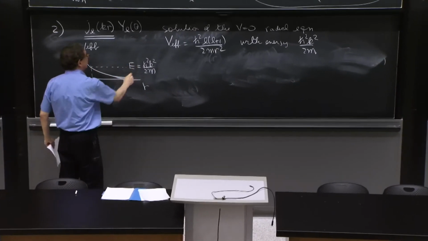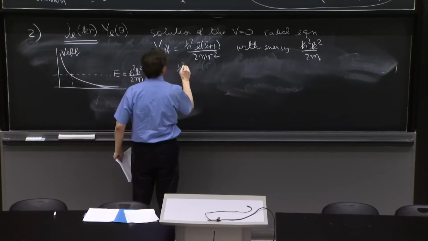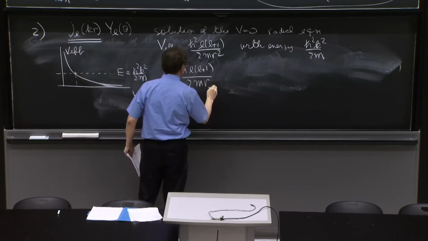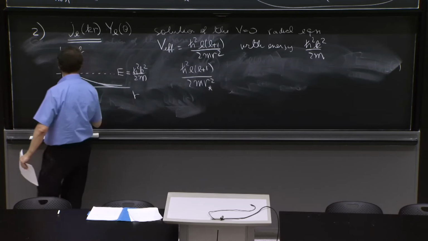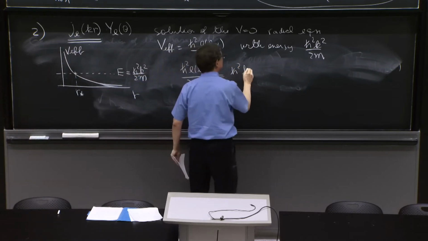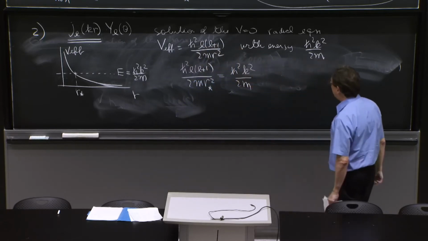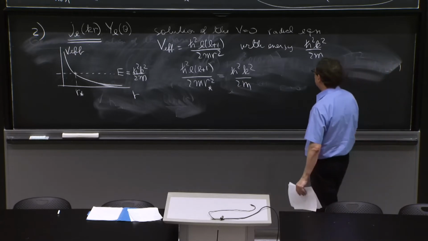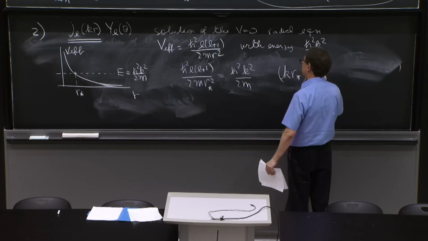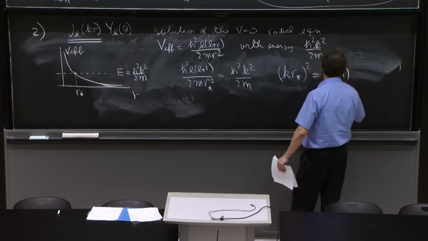Well, we can solve for the turning point. So h-bar squared L times L plus 1 over 2m r star squared, I can call this r star, is equal to h-bar squared k squared over 2m. Lots of things cancel, the 2m's and h-bar squared. So you get k r star squared is equal to L times L plus 1.